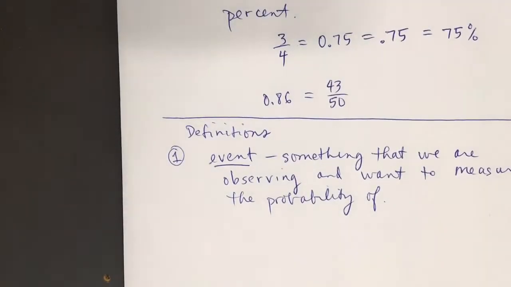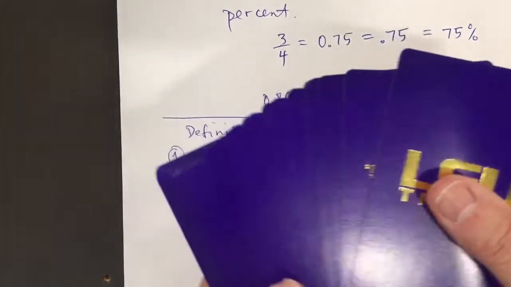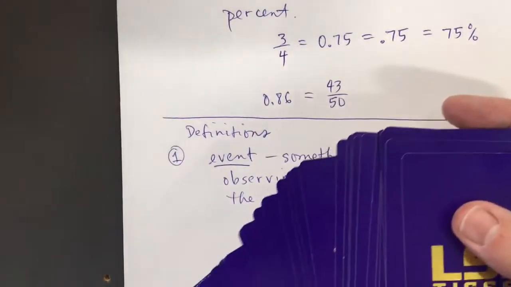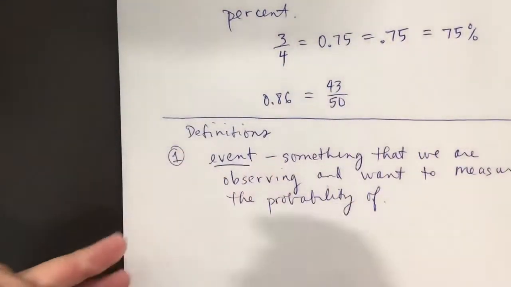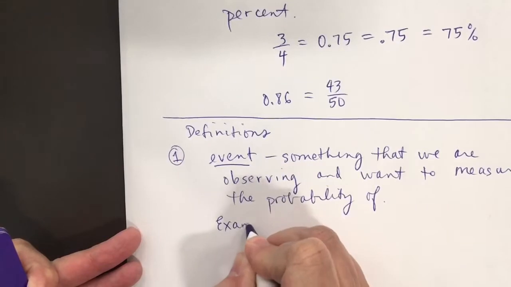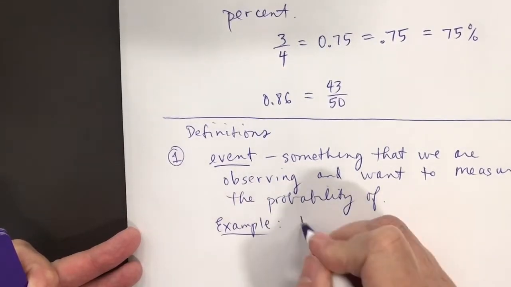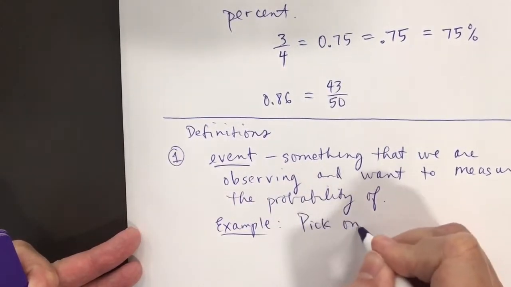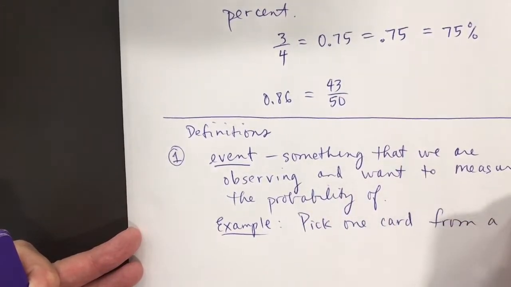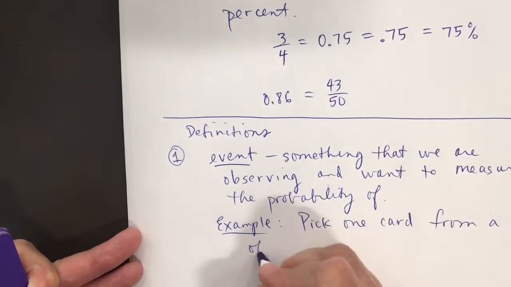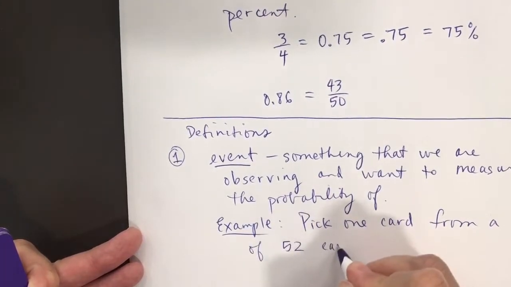So some example of an event could be that, well, I have a deck of cards and I'm going to pull a card from this deck. So, for example, pick one card from a deck of 52 cards.